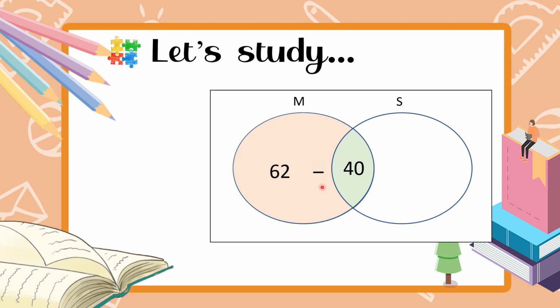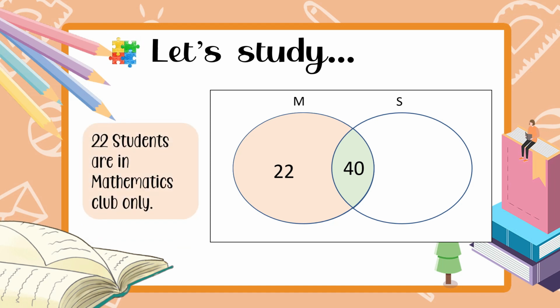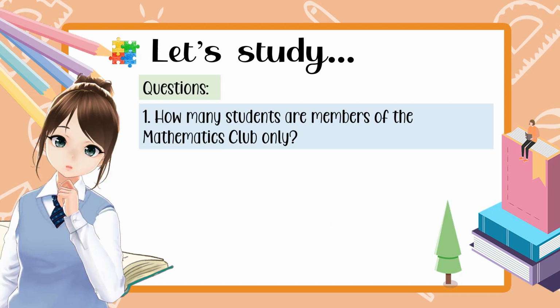So, we will have 62 minus 40. Ang matitira na lang sa math club ay 22. So, therefore, we have 22 students ang nasa math club lang. So, now let us write our answer to the first question, 22.